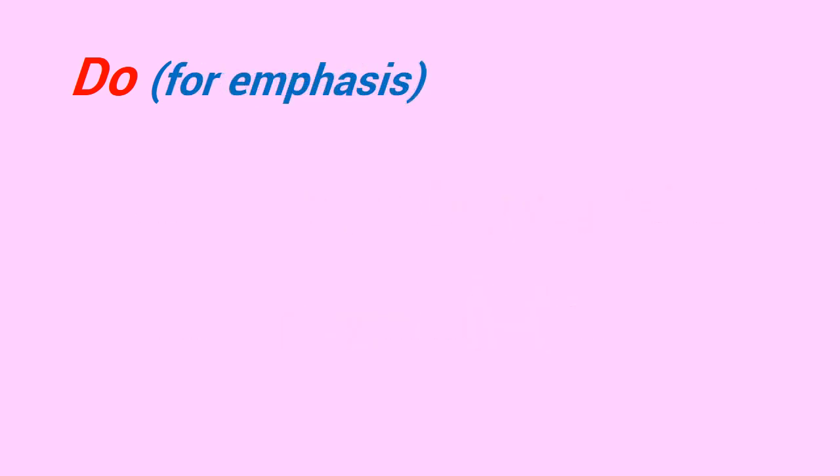Have do for emphasis. By the way, we use do, does, and did for emphasis if you want to emphasize something strong or something that is emotive. And when we are going to say the sentence, we have to put emphasis or stress as well on the verbs do, does, and did. Now let's have this example.